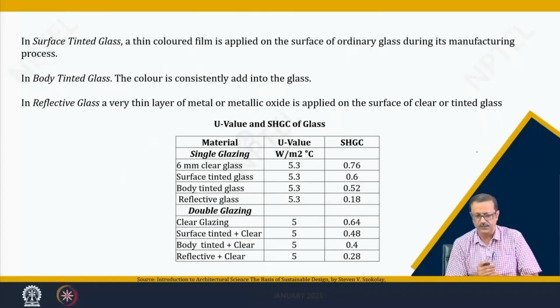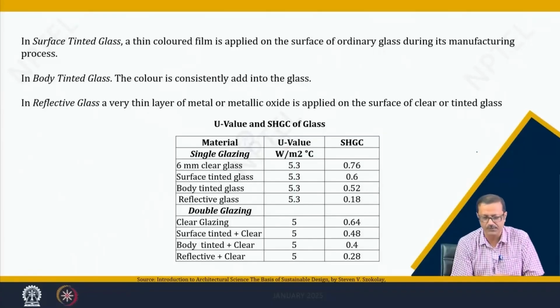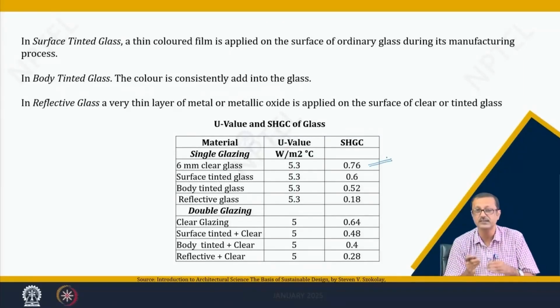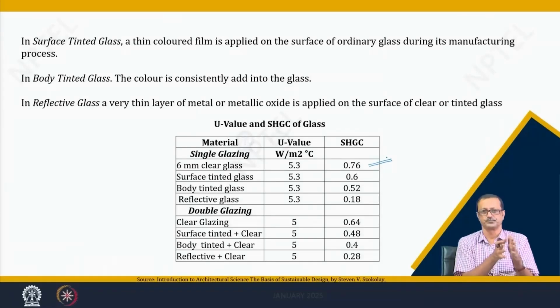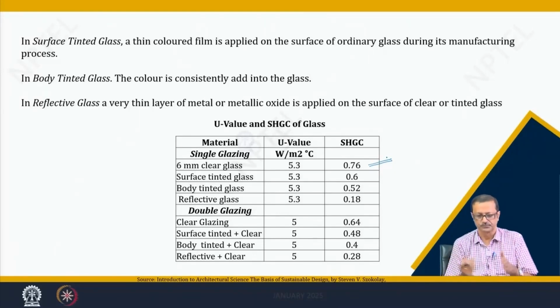So, these are some of the U values and the SHGC values mentioned for tinted glass and some clear glass. If it is single glazing, that means only one sheet of 6 mm glass, the SHGC is 0.76, that means 76% of the radiation is actually transmitted in and also absorbed in.